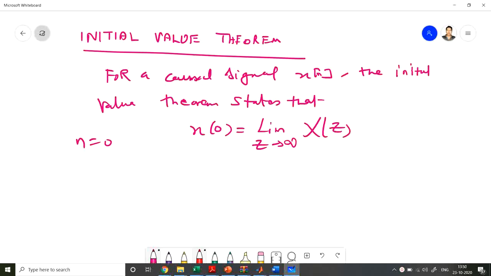So this is used to find the initial value of a signal without taking the inverse Z transform.